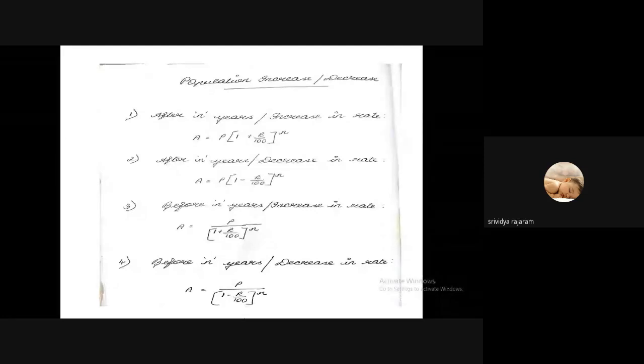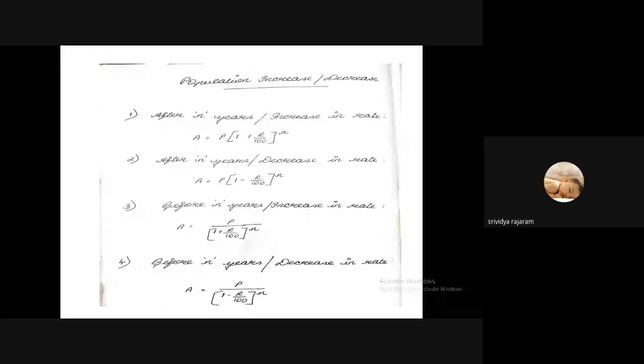The second type is they'll give the present population and ask what the population was 3 years ago or before.